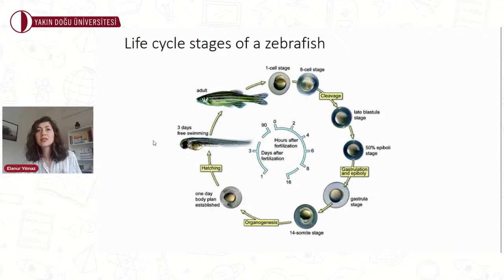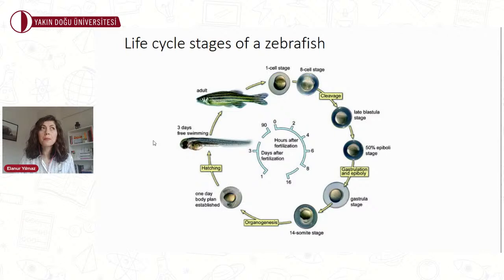And after hatching, the larvae associate with hard surfaces by means of small secretory cells in the epidermis of the head. When they reach 4 to 5 DPF, they move to the surface of the water column where they inflate their swim bladders with air.